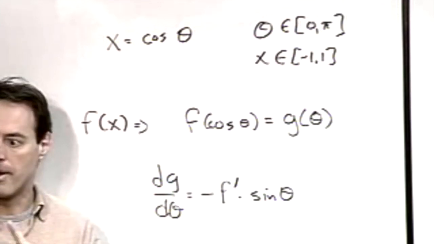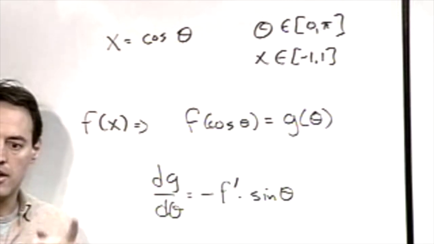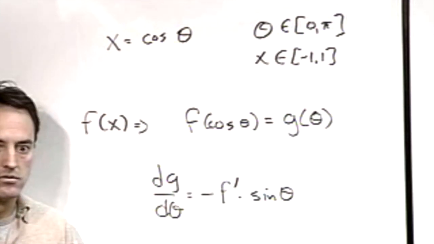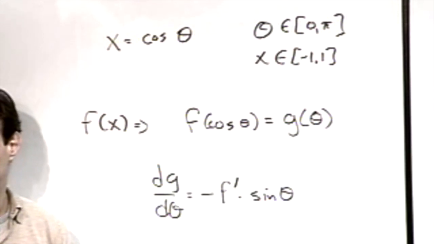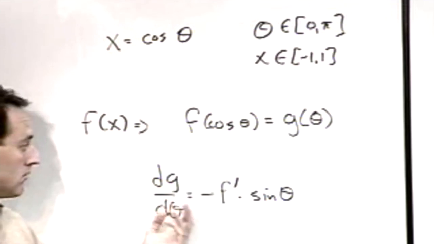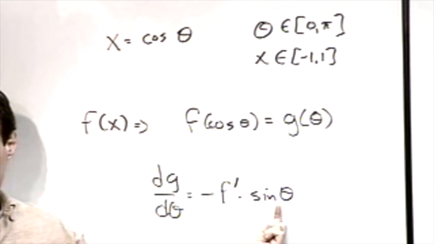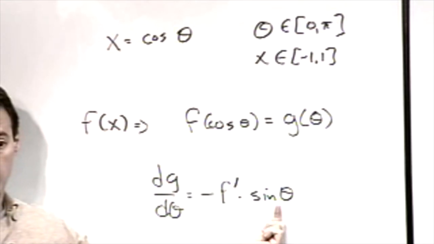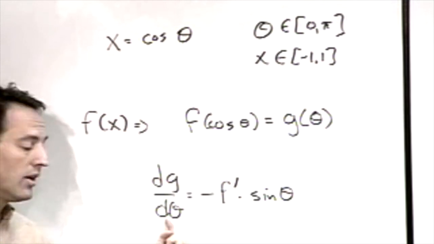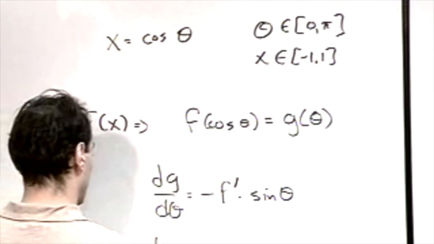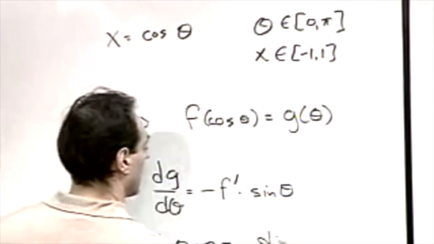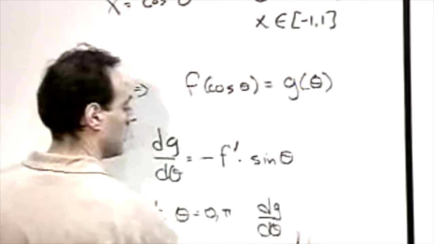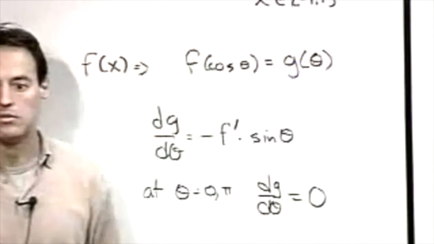Here's the observation to make about this. Theta goes from 0 to pi. We have a sine sitting out here. So at theta equals 0 or theta equals pi, the derivative of this thing, of some arbitrary function, is 0.